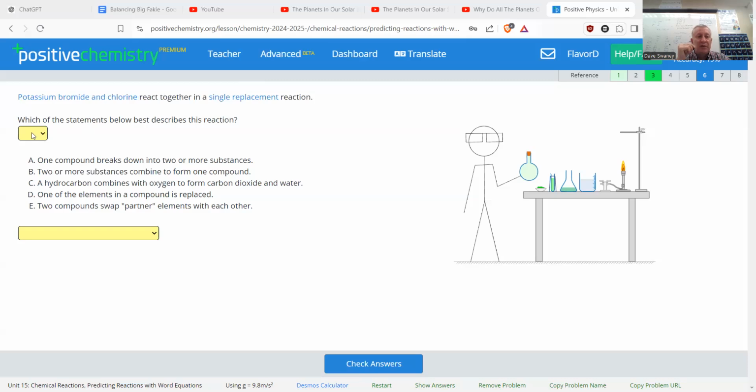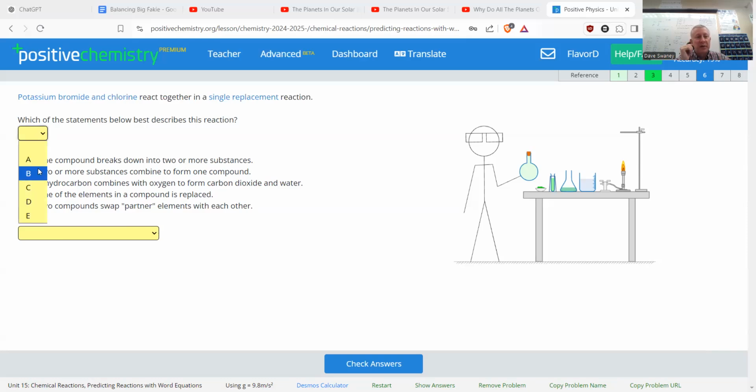Potassium bromide and chlorine, Cl2, is going to react in a single replacement reaction. Write it out. KBr plus Cl2, and then take the potassium and cut it loose of the bromide and put the chlorine on.